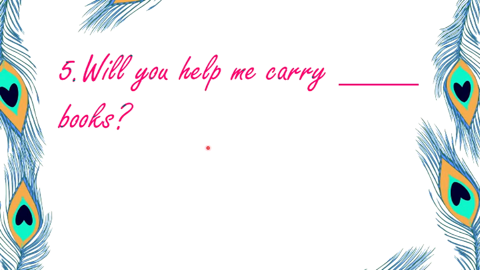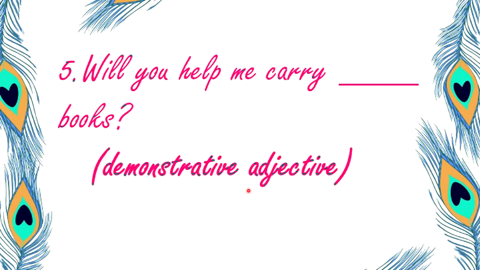Will you help me carry dash books? Now let us see demonstrative adjectives. Dear children, I'm sure you recall we have done this kind as well. The words this, that, these, those are your demonstrative adjectives. Yes, now tell me, books is a plural noun.